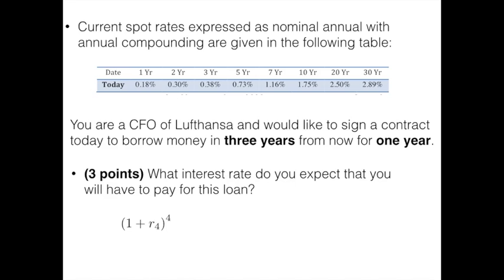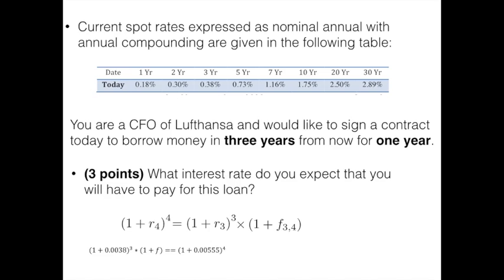However, you do it with 2 contracts. The first contract is for 3 years, and then you oblige yourself that after 3 years, you will have 1 more year contract. So (1 + r4) to the power of 4 is equal to (1 + r3) to the power of 3 times (1 + forward rate from year 3 to year 4).